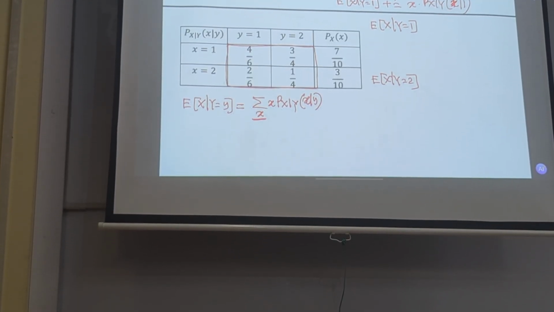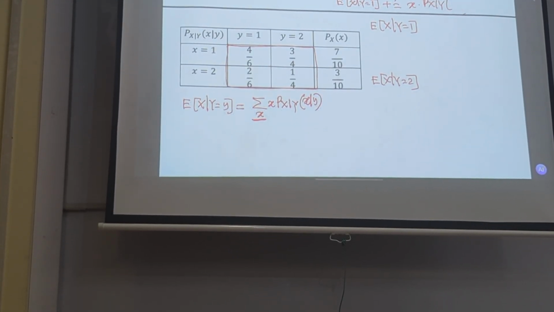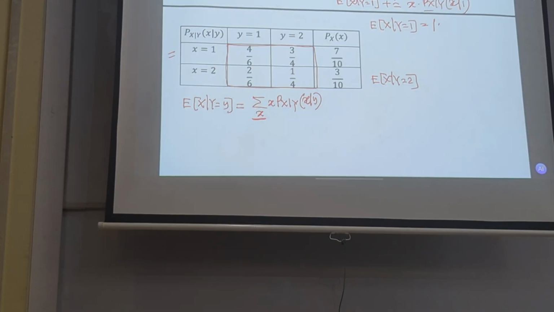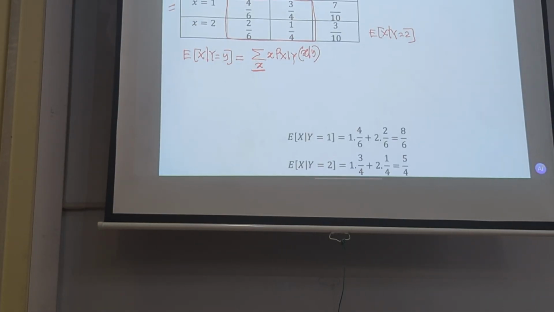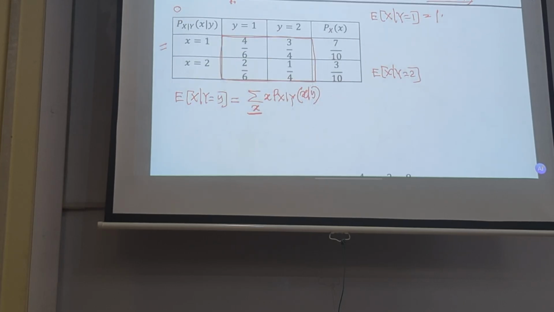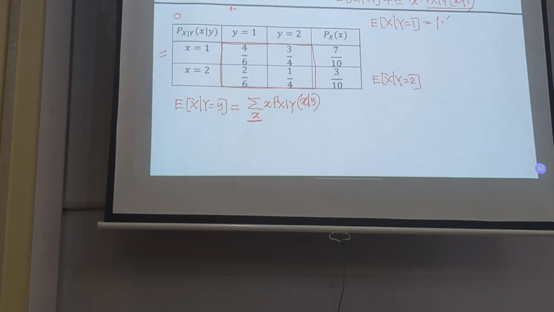Right? So when the loop goes from x equal to 1 to 2, 0 is not there. So when x is equal to 1, we are here. So what is this part? 1 times, what is this probability? 4 by 6. Then we go to the next part.